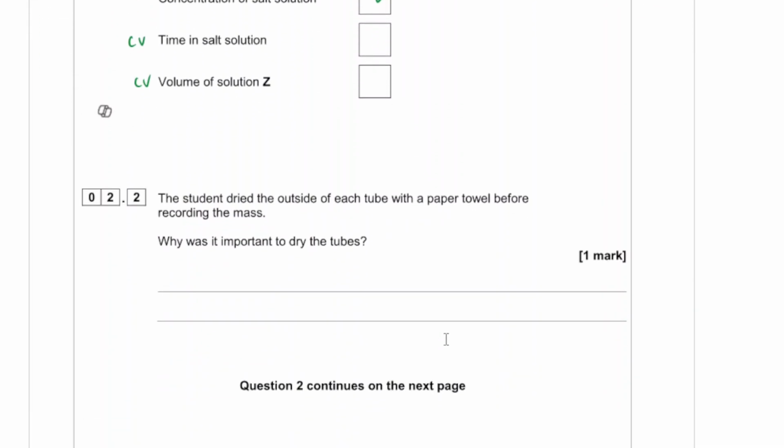The student dried the outside of each tube with a paper towel before recording the mass. Why is it important to dry the tubes?